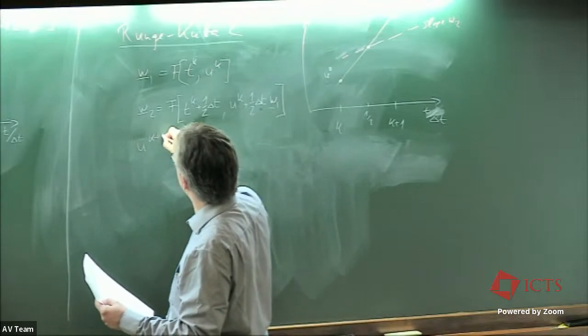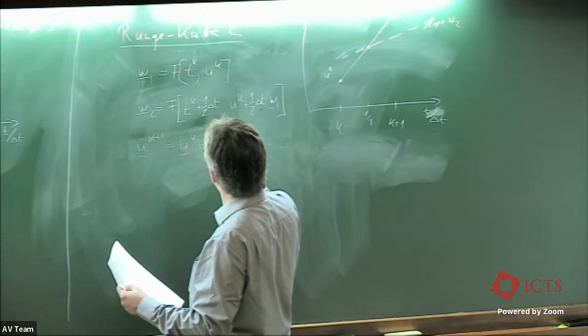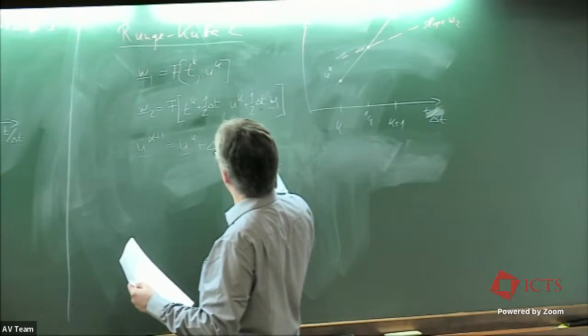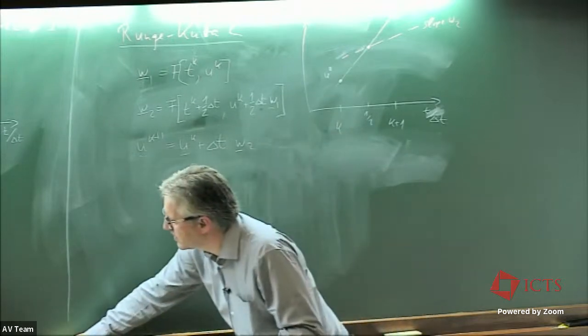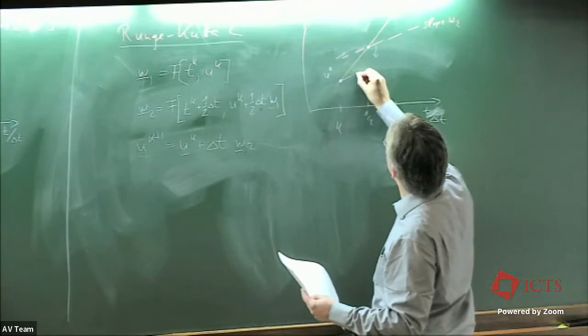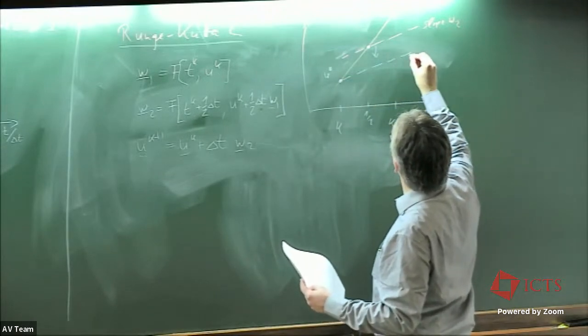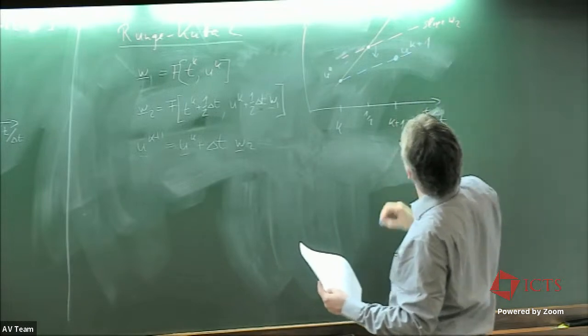UK plus 1 equals UK plus delta t W2. So pictorially, we're moving that line down so that it goes through our initial point. And then over here, this is then UK plus 1.